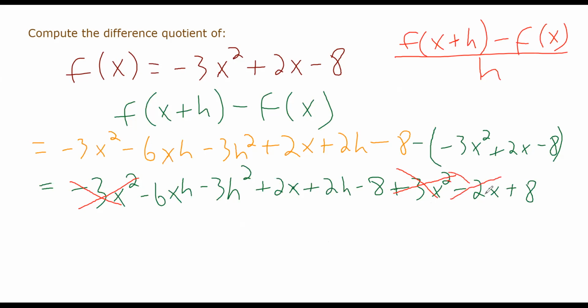We combine those like terms, that also just goes to 0. We have minus 8 plus 8. And so what we're left with after the dust settles is negative 6xh minus 3h squared and then plus 2h.